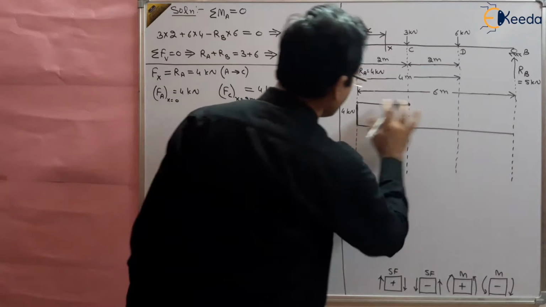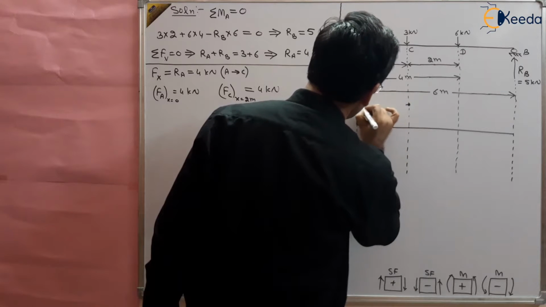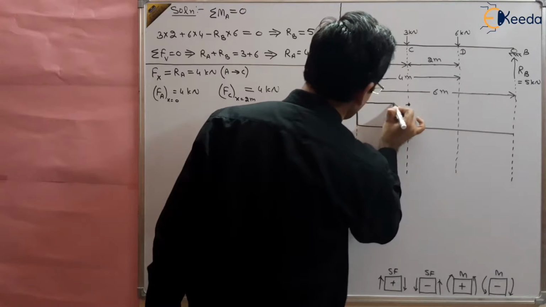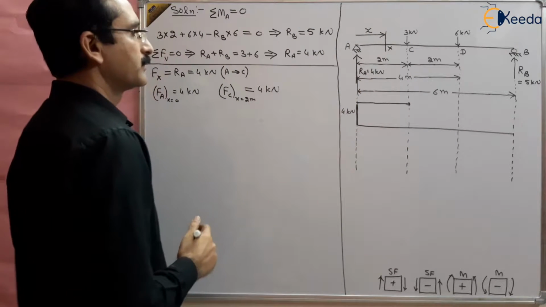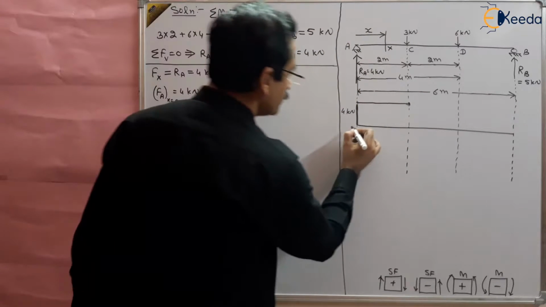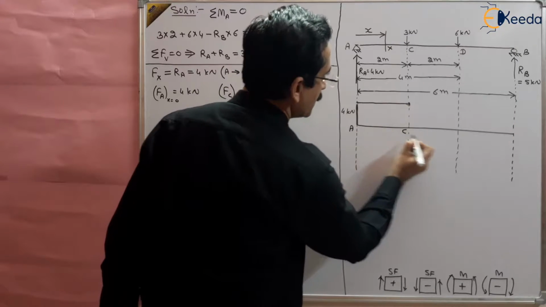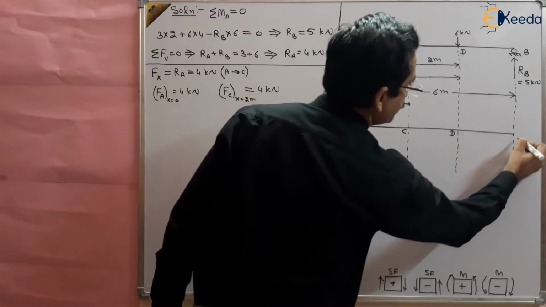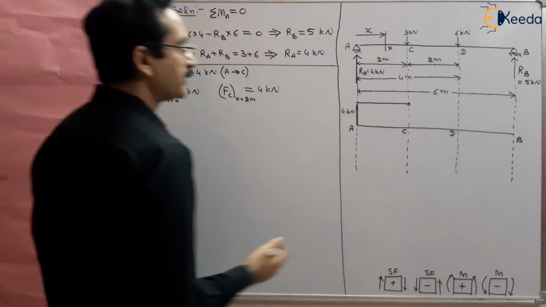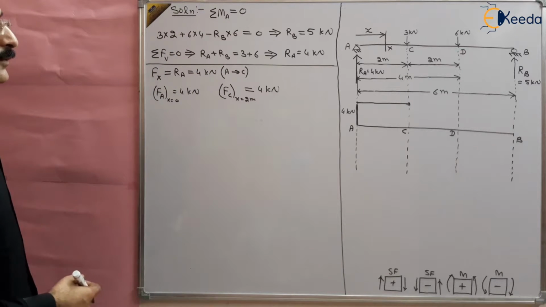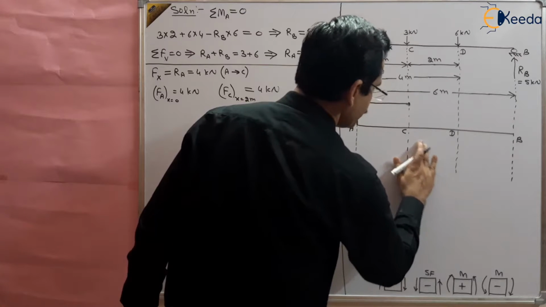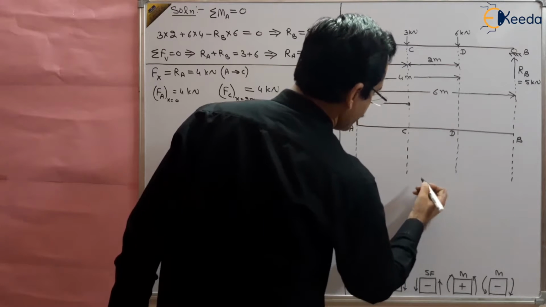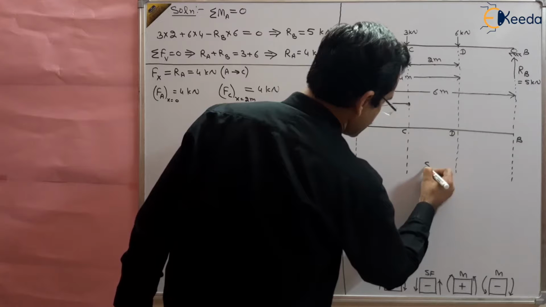It is a uniform, horizontal straight line at 4 kilonewton from A to C. So here we are drawing the shear force diagram. It will come here in the shear force diagram.